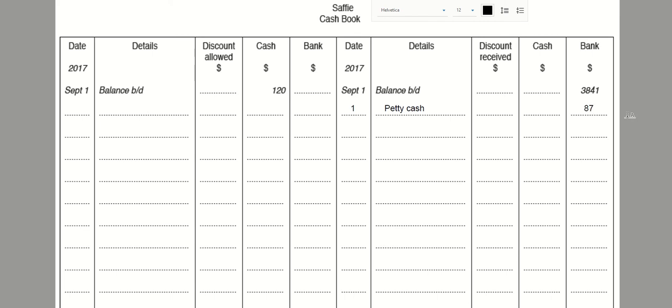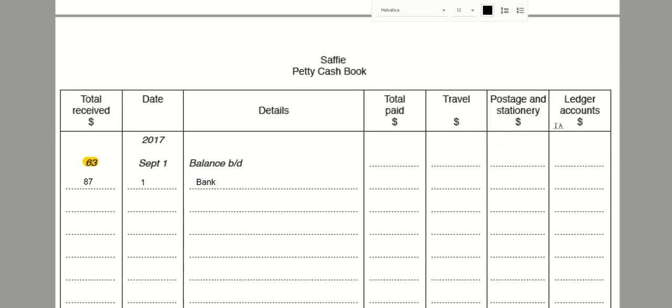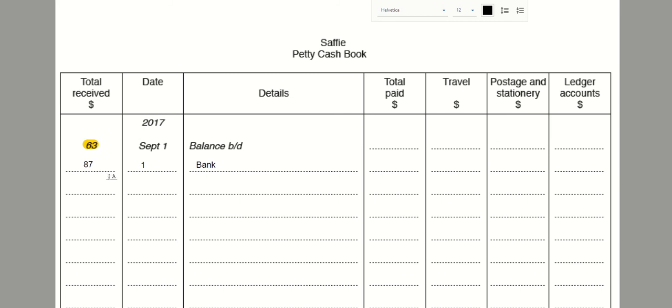So 87, you can see it's going out of the bank. So bank is decreased by 87, and in the petty cash, cash has increased by 87. Now we can circle these two, 63 and 87, and just make a notation on the side that now it is equal to the imprest amount.